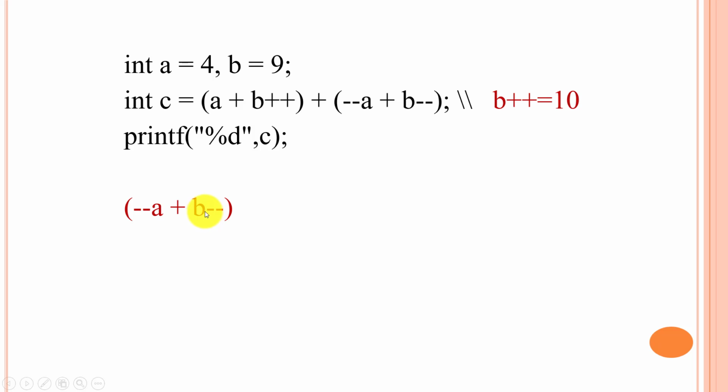Now here we know that the value of b is 10, and as it is post decrement, we use the original value 10 as it is, and after using it, it gets decremented. So the expression result is 3 plus 10 is 13, and the previous 13 plus 13, printf %d c's value, or expression result, is nothing but 26.